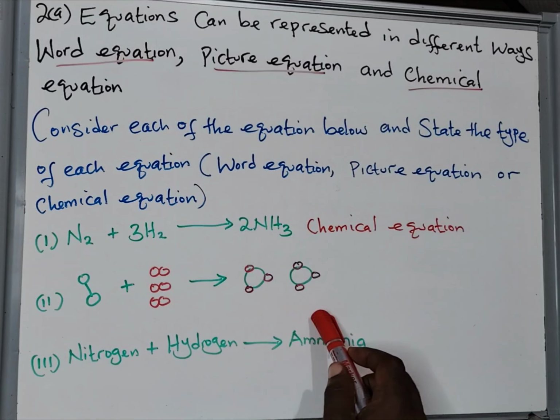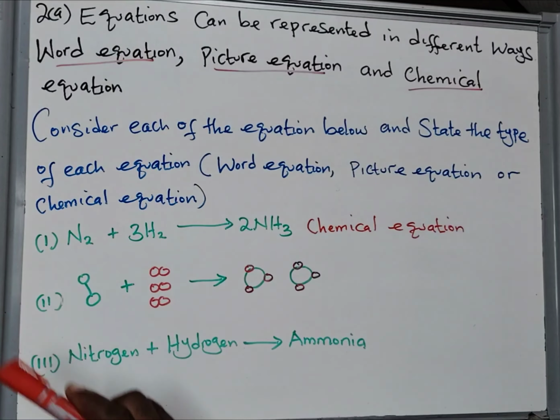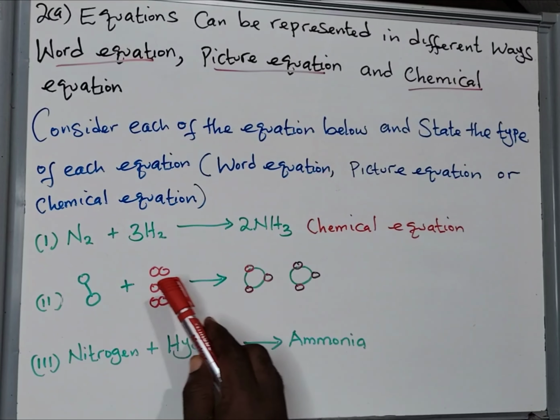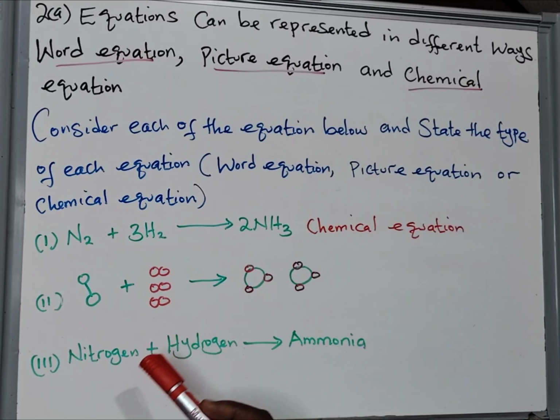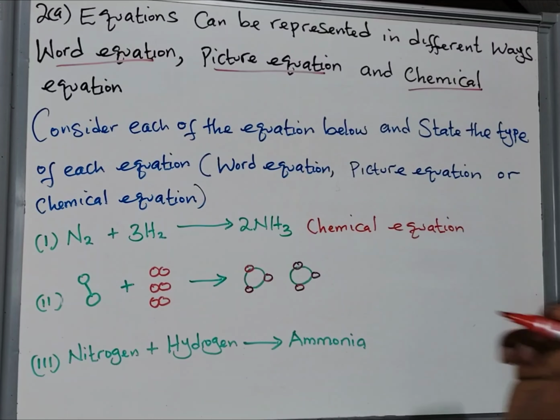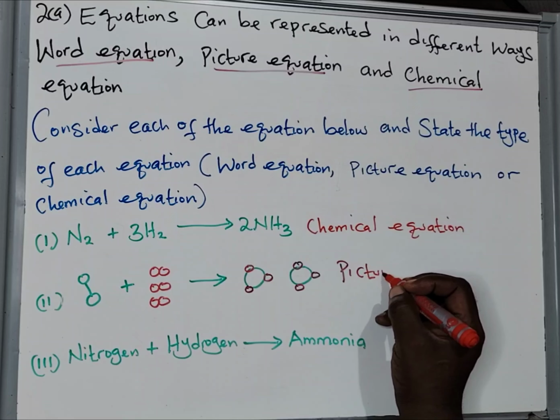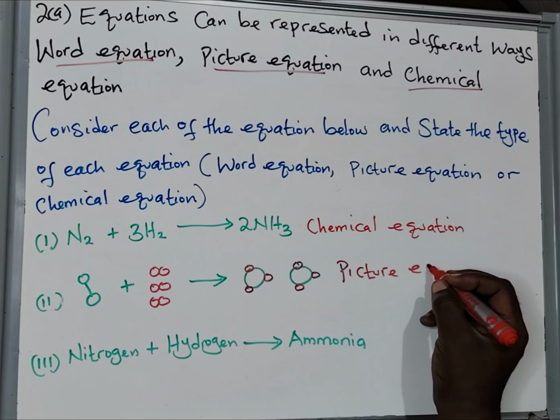Yes, then we come to this one. Nitrogen is represented by this, hydrogen by this, and this is ammonia. So what kind of representation is this one? This is a picture equation.